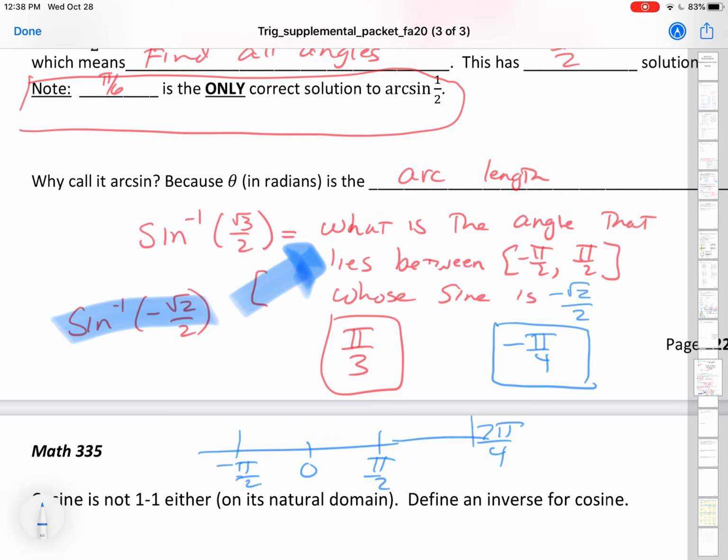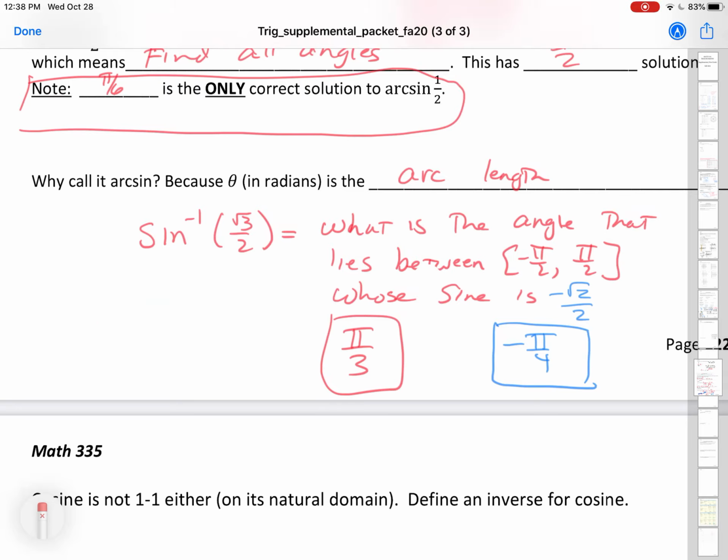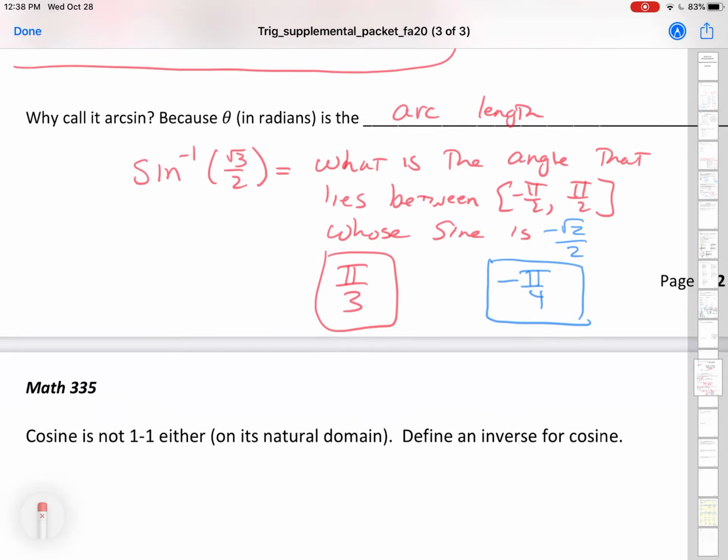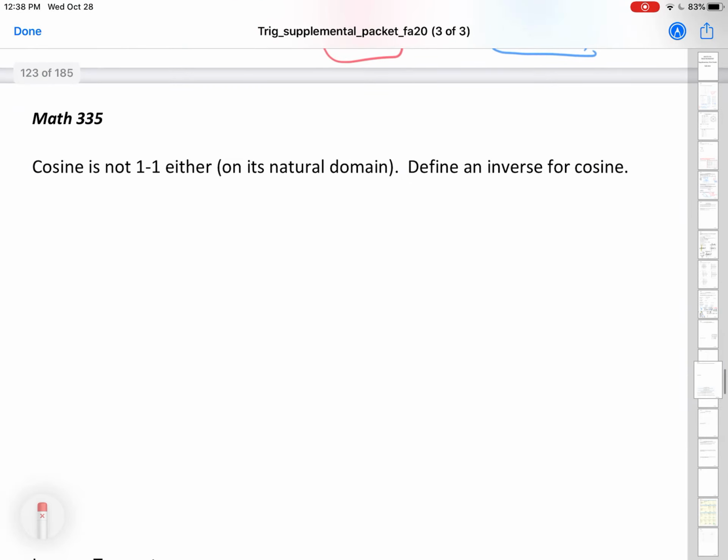That's not in that interval. It's got to be between here. So what's in between there? The minus pi over 4 is in between there. It's the only one. So you're going to have to be disciplined and remember that. Again, they're not trying to do anything more than get us to think critically so that we can be successful in future classes, and they're using trig as a tool.